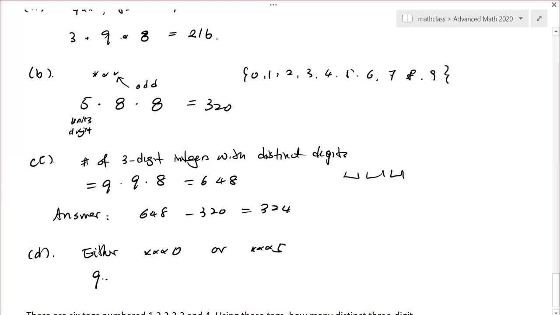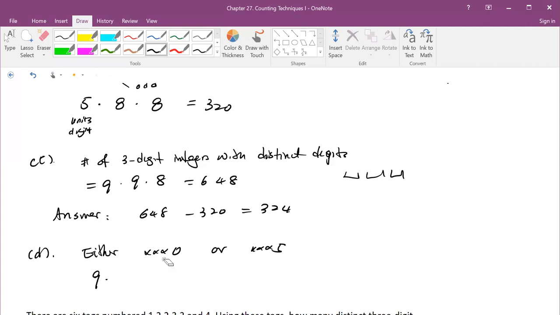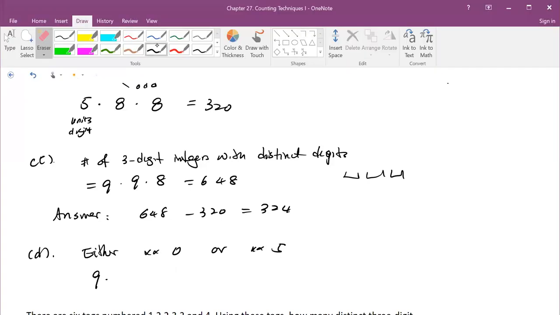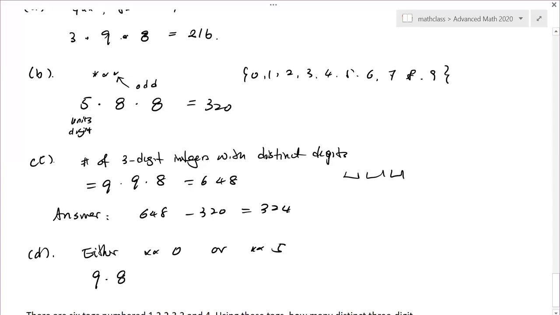Then 0 and the non-zero digit are used, so you only have 8 digits left, right? It's a 3-digit number. So then you have 8 choices. That's the total number in the first group.